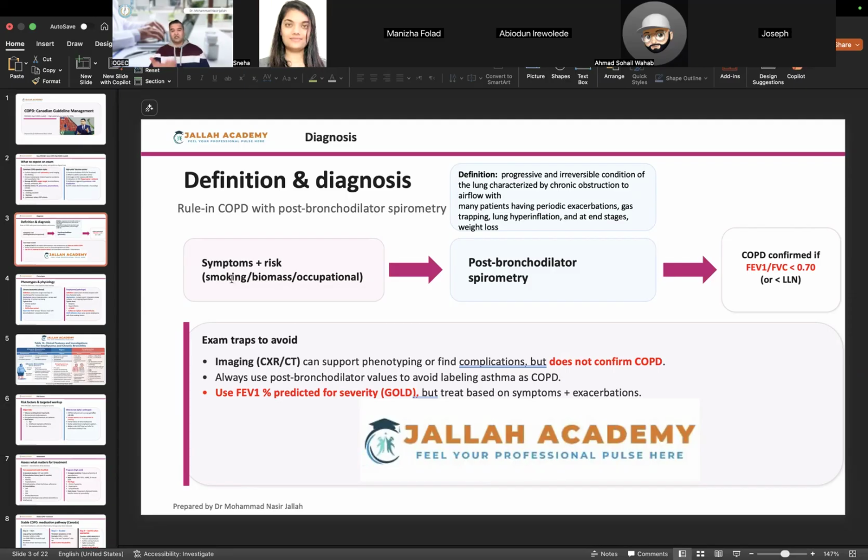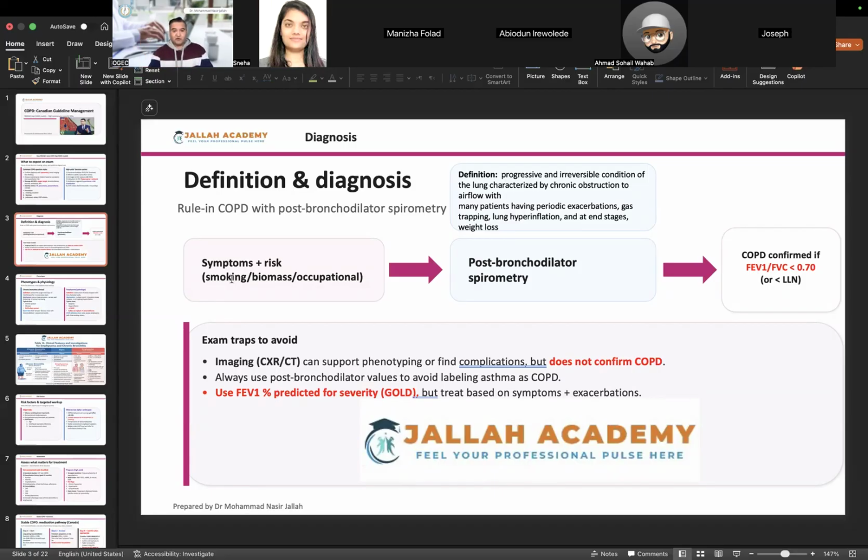Before you do that, you give the patient the bronchodilator, you check it, and then if this FEV1 over FVC is less than 0.70, then it is confirmed COPD. If it is above that, it means the patient is improving. If the patient is improving, asthma. If the patient is not improving, it means it is COPD.